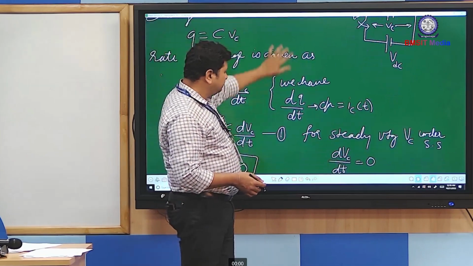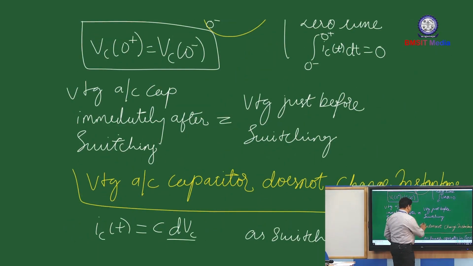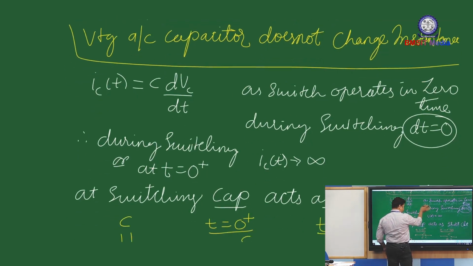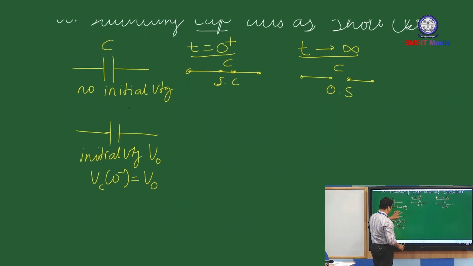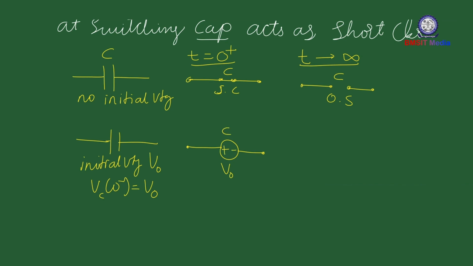So for t equal to 0 plus, the capacitor acts like a voltage source of value V0.